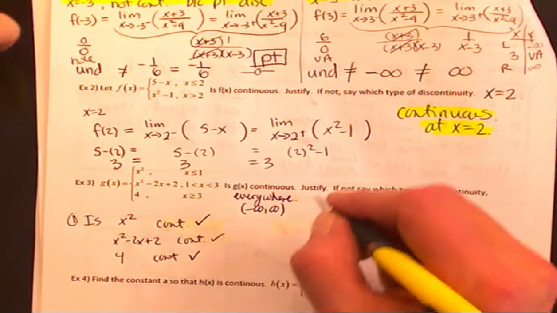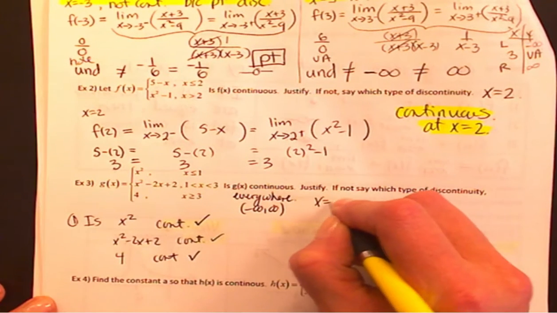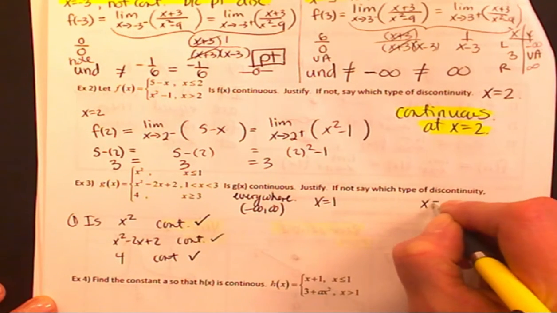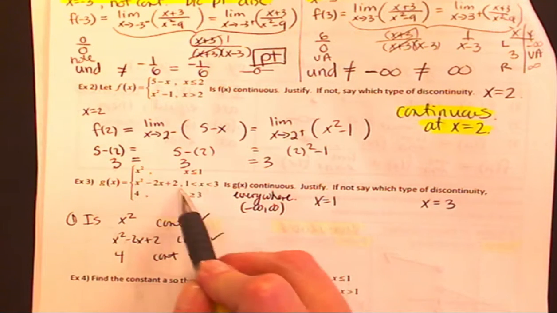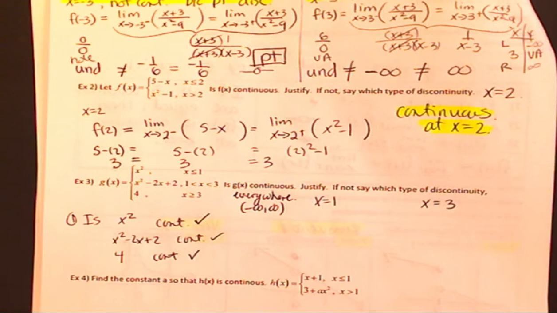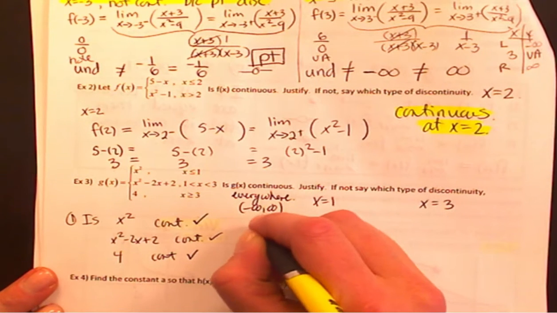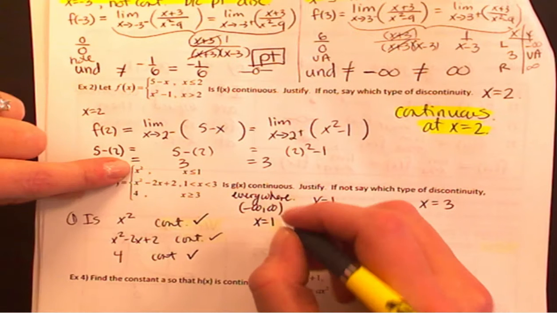Now you have to consider x equals 1 and x equals 3. Those are the only two places that I could possibly pick my pencil up. Those are the two x's that you need to test. Okay? So x equals 1.